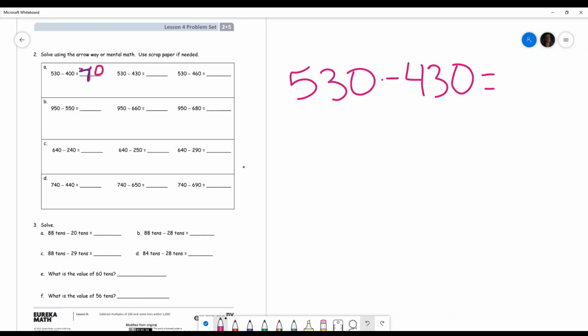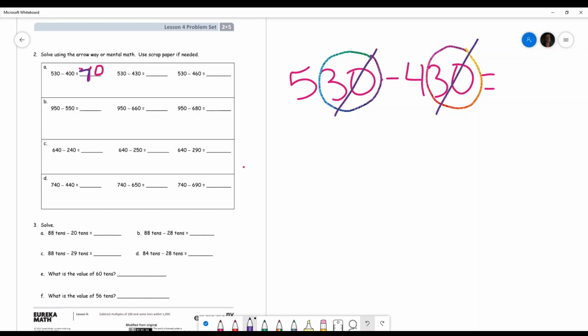What do you notice that's the same in these two numbers? 530, 430. The number that's the same is this right here, right? So I'm going to subtract those numbers from each other first. These are 30, 3 tens, 30, 3 tens. 30 minus 30 is 0.